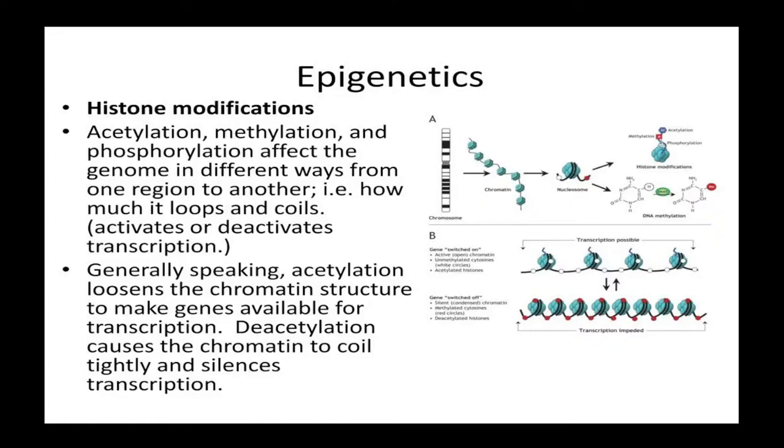Generally speaking, acetylation loosens the chromatin structure to make genes available for transcription. Deacetylation causes the chromatin to coil tightly and silences transcription. So the gene can be switched on or switched off by acetylation or deacetylation of histones.